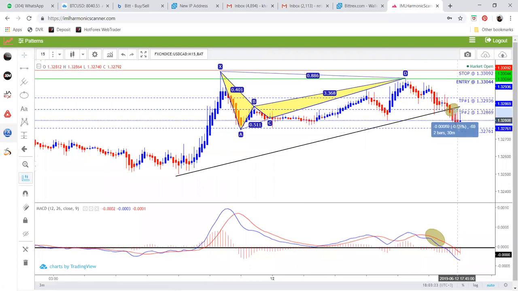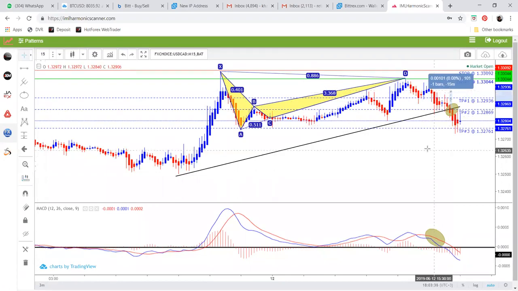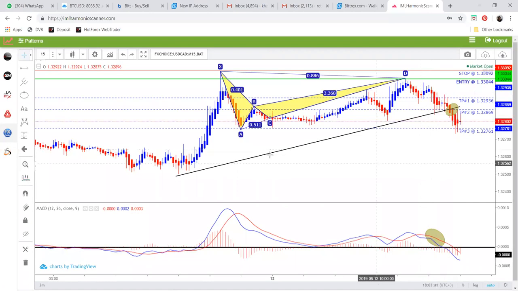Their stop loss would have been above the last high or 10 pips. So above the last high was right here, about 8 pips, but 10 pips, that's fine. You got a one-to-one trade. Simple stuff, guys, right? Very simple stuff.